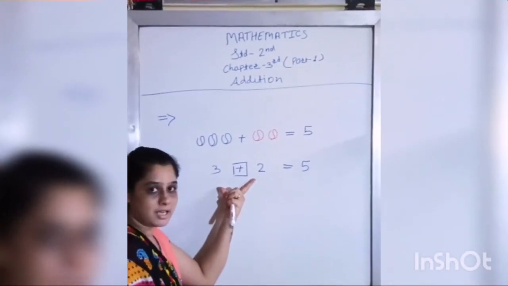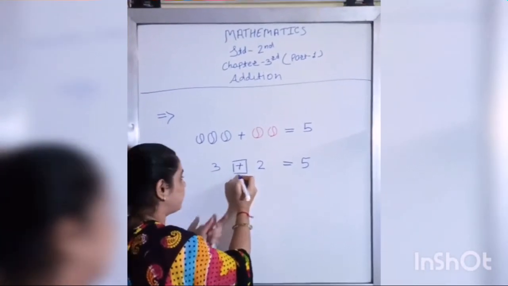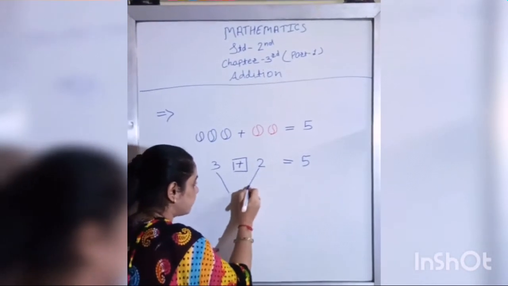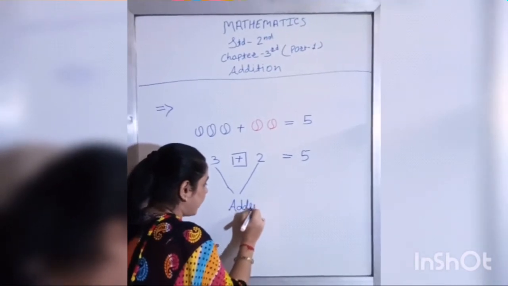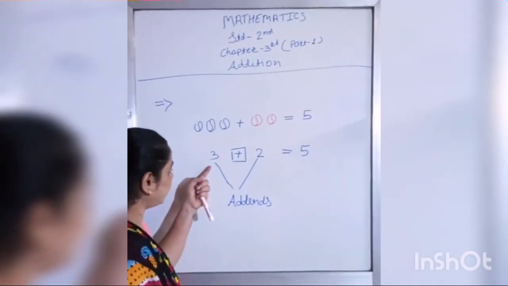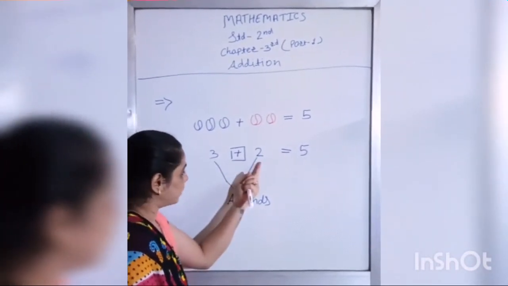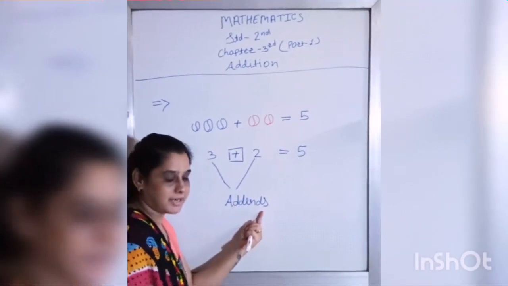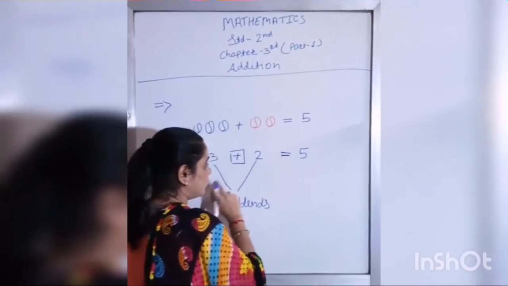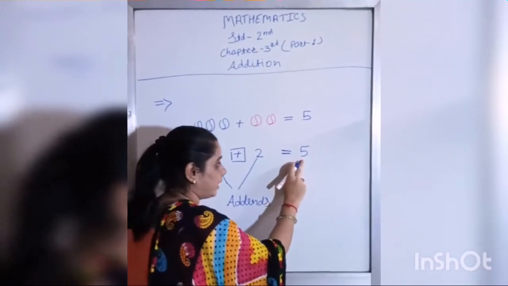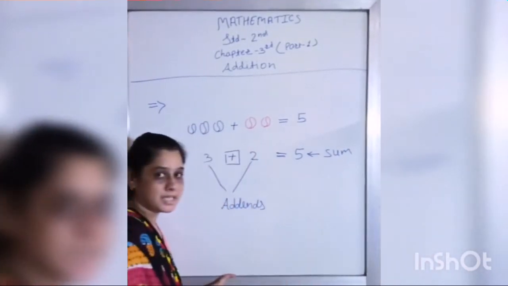This is the plus sign of addition, and the numbers which are adding here are called addends. Here 3 and 2 are going to add, so 3 and 2 are known as addends. After adding these two numbers, the answer we get is known as sum.